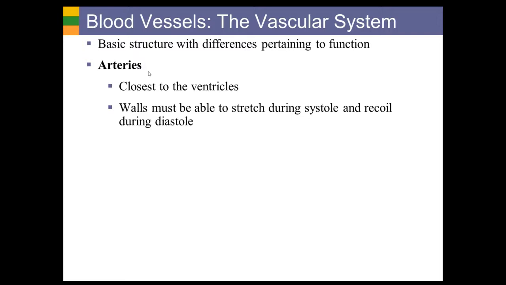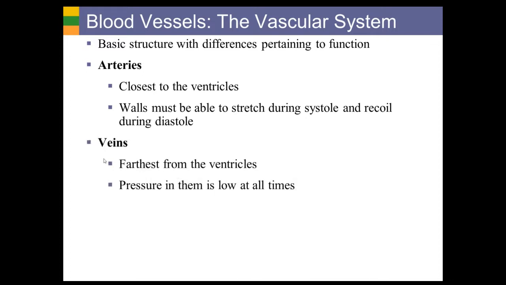And also, they need to be able to stretch and recoil as the ventricles contract and relax, during systole and diastole. So they need to withstand high pressure, and they also need to be able to stretch and recoil.